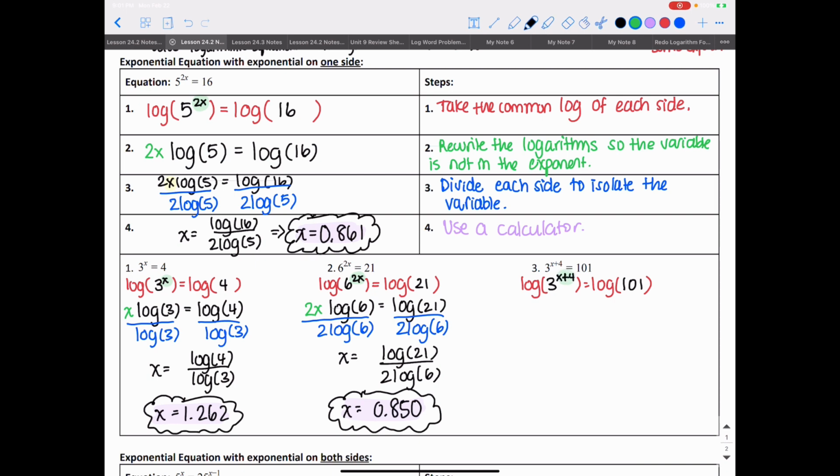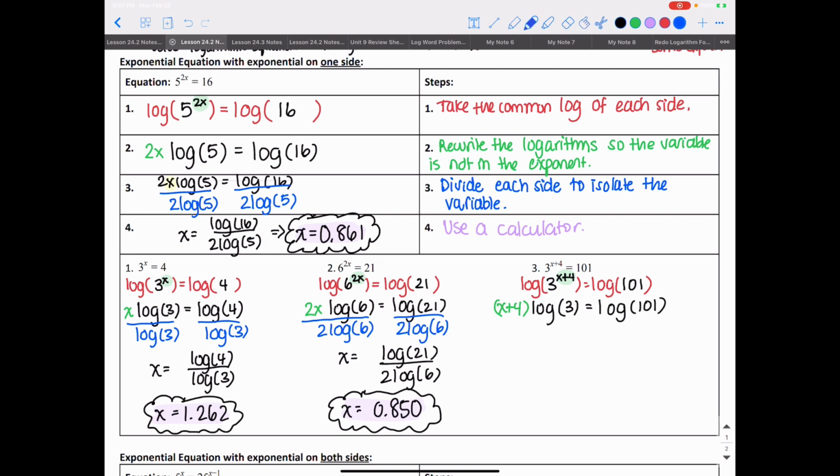I need to be careful with this because this is an expression, so I need to put this in parentheses. I know I'm multiplying both x and 4 by the logarithm, not just 4. So I'll have x plus 4 in parentheses times log of 3 is equal to log of 101.